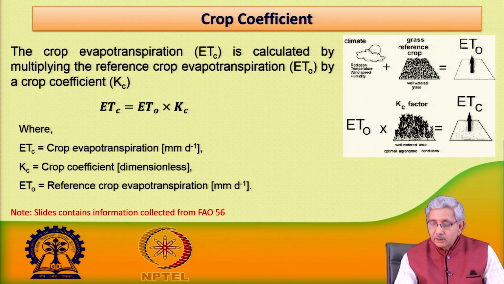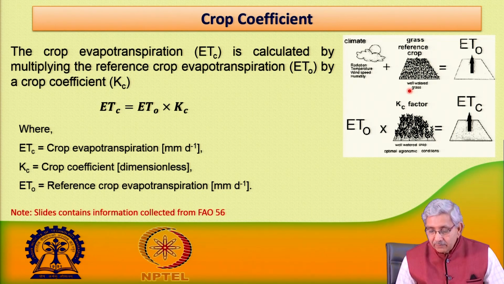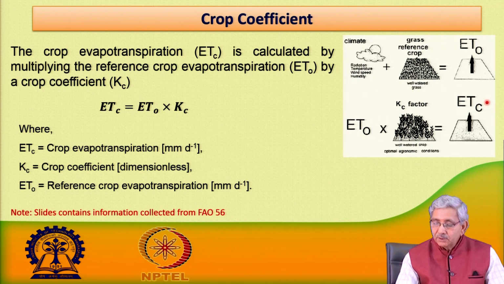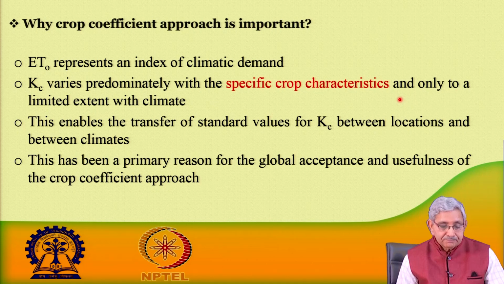So, the amount of water evapotranspired by the reference crop is ET naught, and when we multiply it with the Kc factor, it gives the actual evapotranspiration of the crop. So, one needs to determine the Kc value.